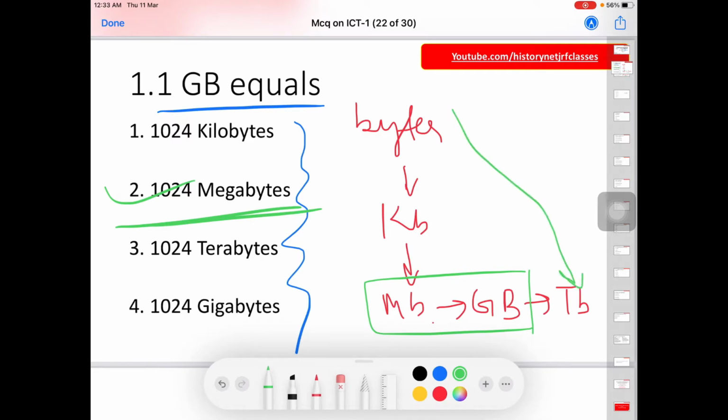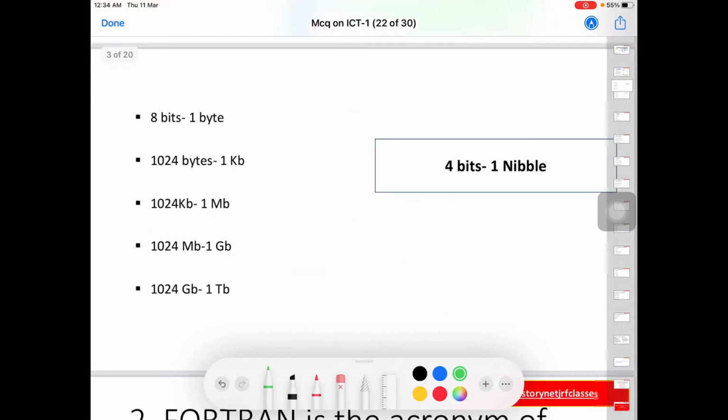In this case, every 1 GB equals 1024 MB, and 1 MB equals 1024 KB. So we will look at the complete chart, how the bytes have a relationship with each other. Here we have 8 bits equals 1 byte. 1024 bytes equals 1 KB.